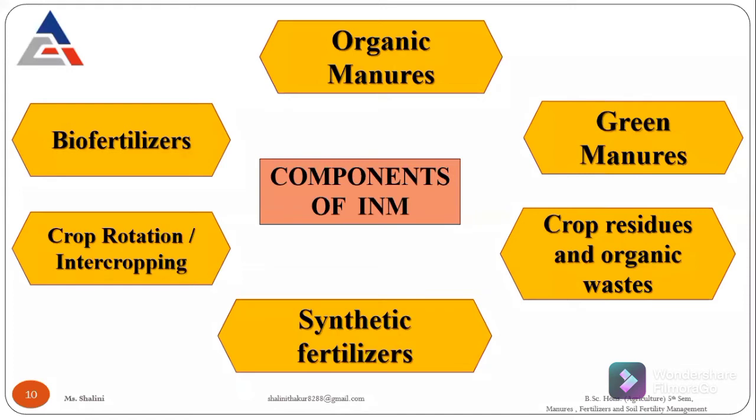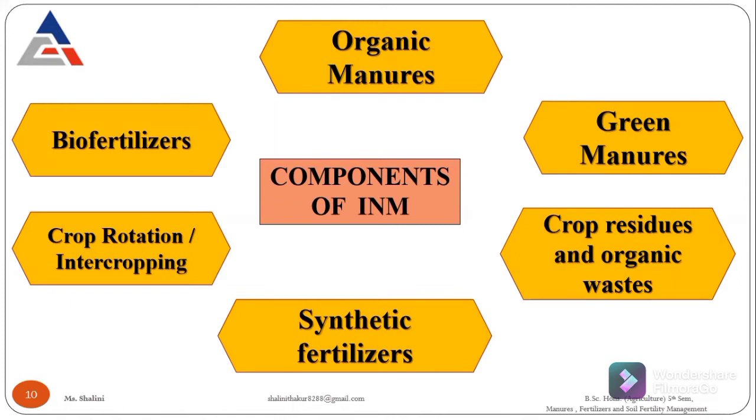Then come the green manures. Green manures are those crops which are incorporated in our main field, and they are of two types: green manuring and green leaf manuring. In green manuring, we plant a green manure crop, such as dhaincha, in our main field before sowing our main crop.